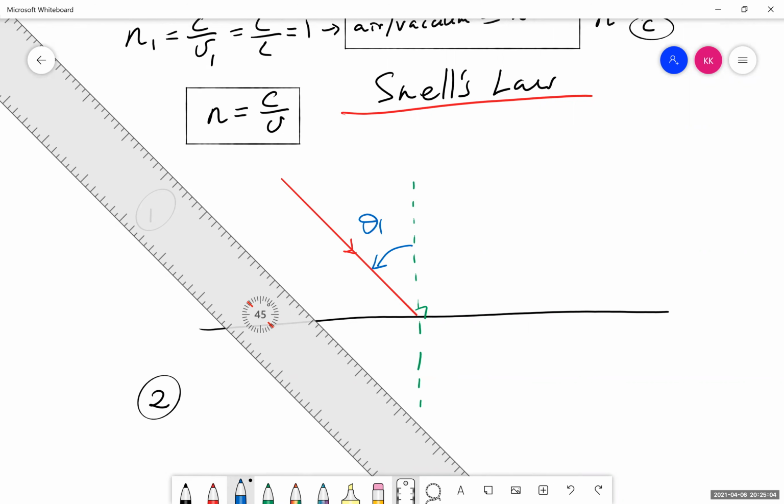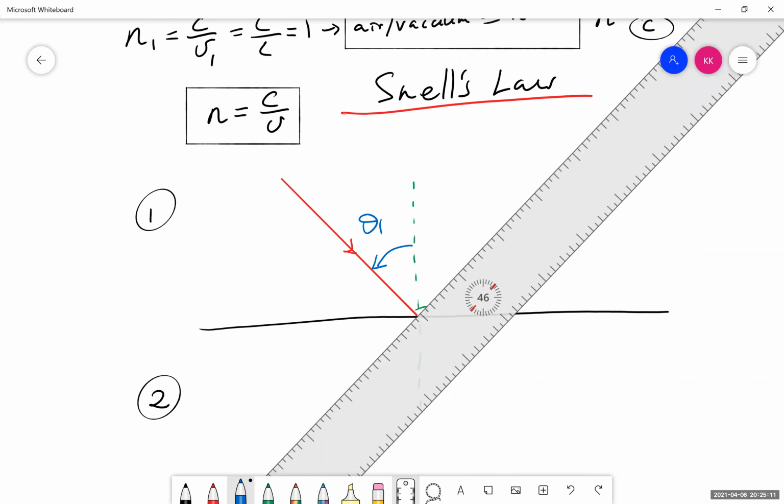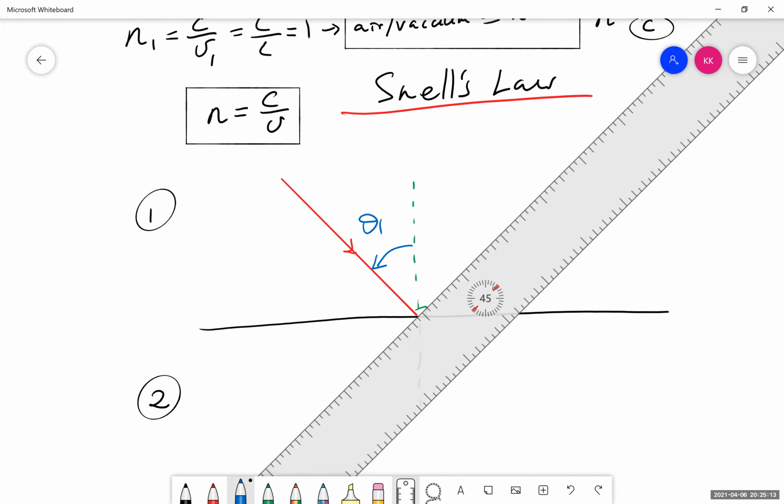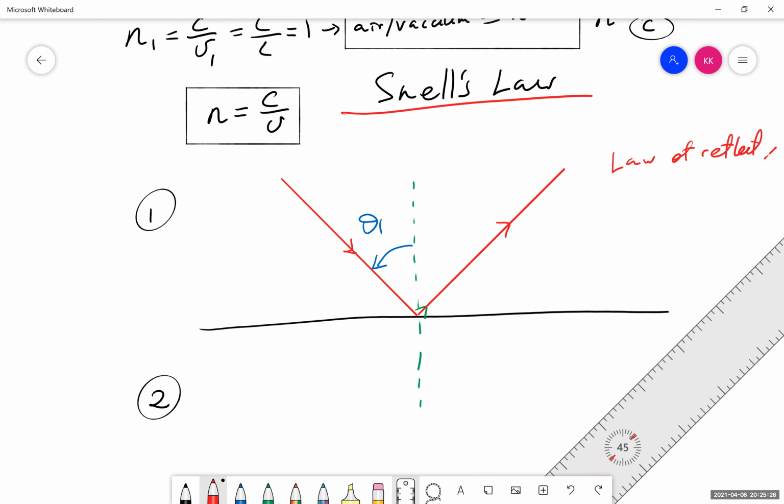By the way, as I mentioned, some of the light will reflect back. When it reflects back, it always reflects at exactly the same angle as the incident angle, like this. This is known as the law of reflection. The law of reflection tells you that theta 1 is always going to be the same as theta reflected.